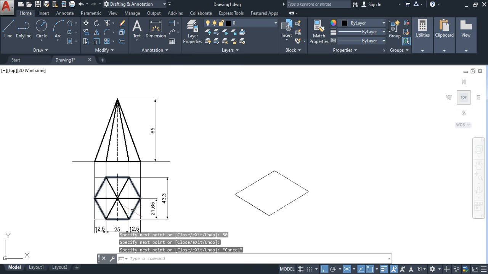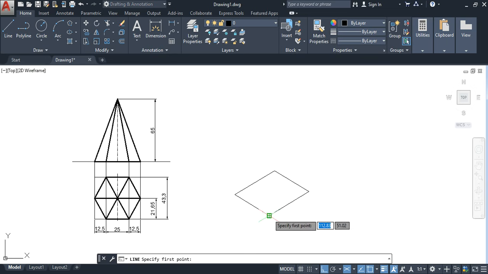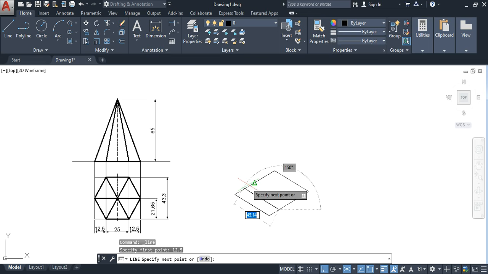And here we have to draw this line and this line. So these two lines we have to draw to get these points. For that, from this point the distance will be 12.5, and here this height will be 43.3.